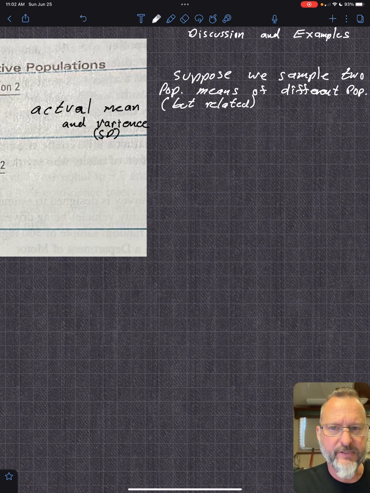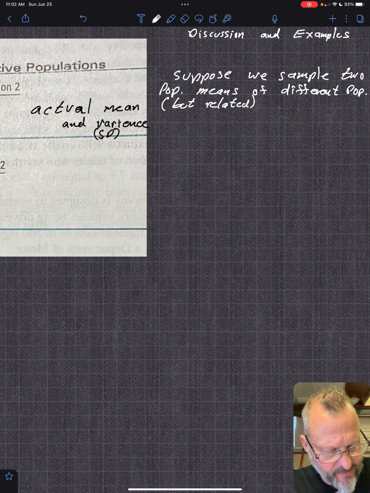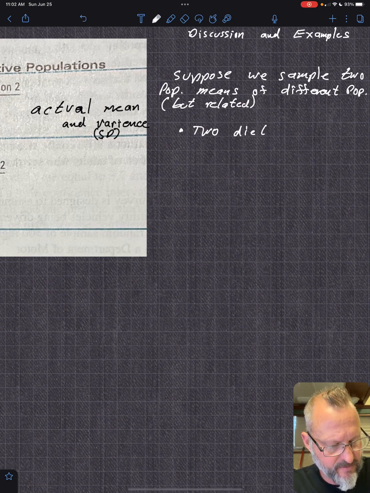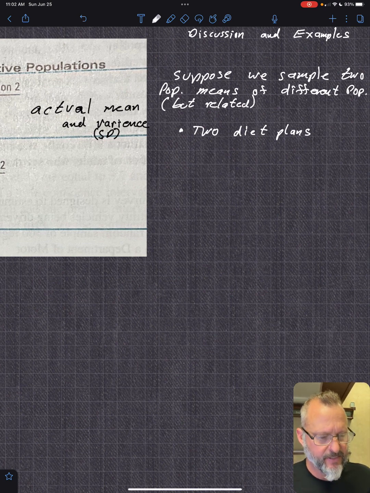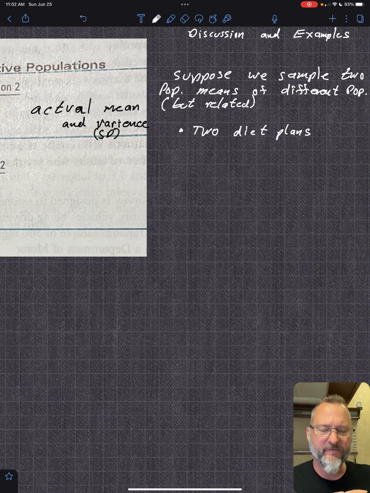So for example, let's give you an idea of that. You have like two diet plans, and you're looking at like weight loss or something, or weight gain, whatever, doesn't matter, okay? But that numerical value is the same of what you're looking at.